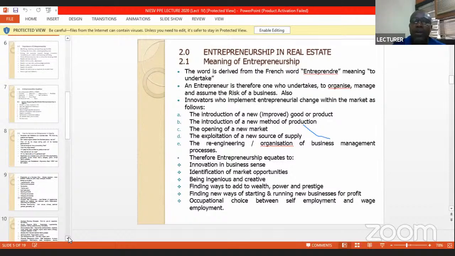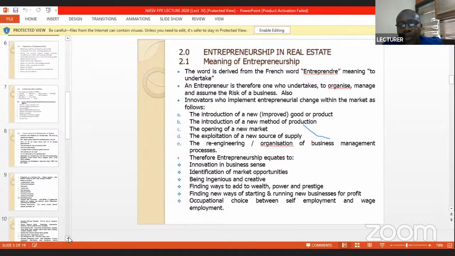Entrepreneurship in real estate. One thing I'm sure is that you need to be extremely careful with the spelling of that word, entrepreneurship, because even me that is giving the lecture, sometimes the spelling gives me problems.